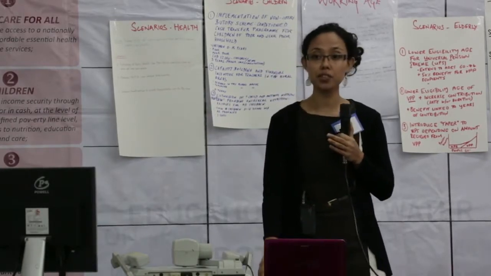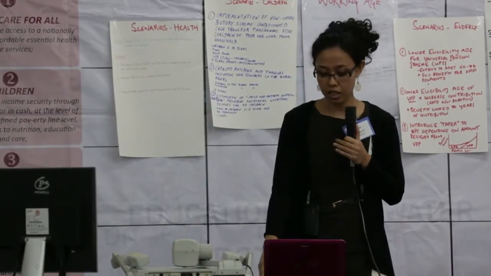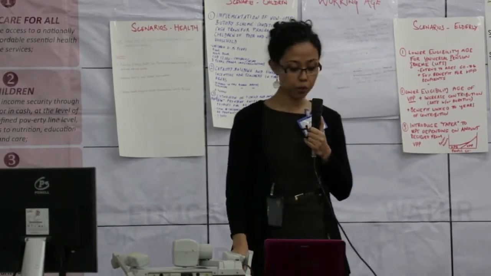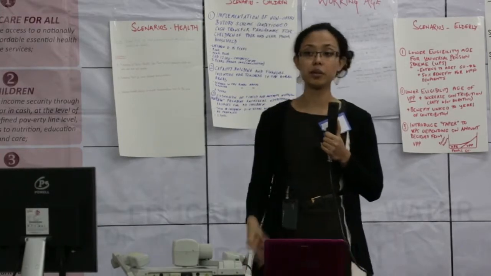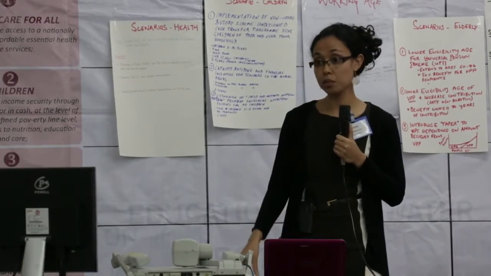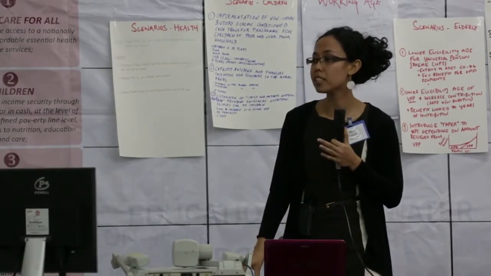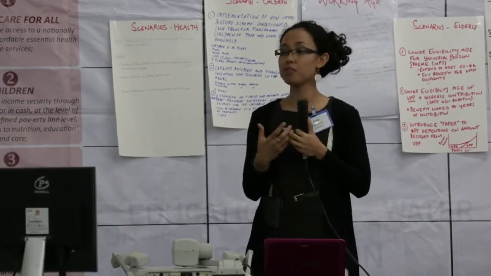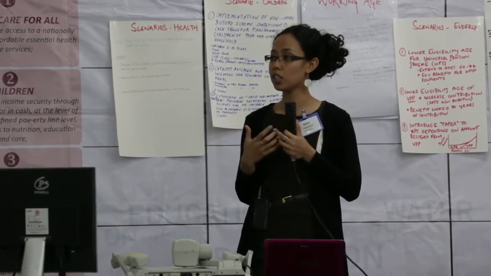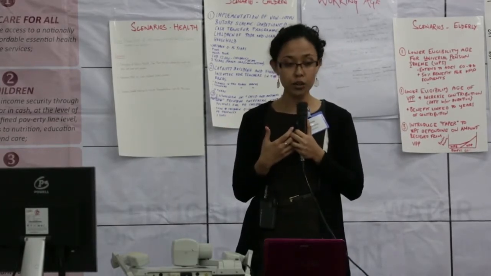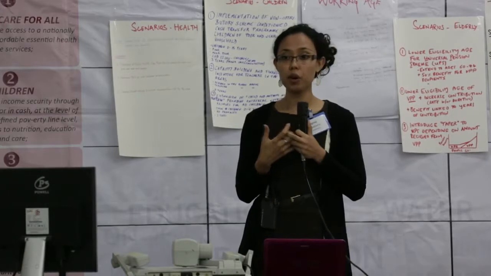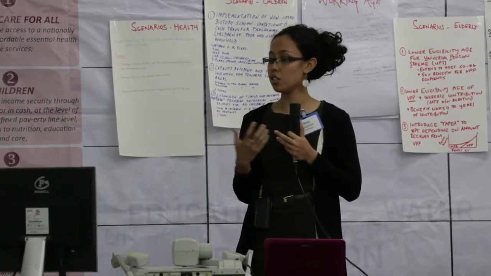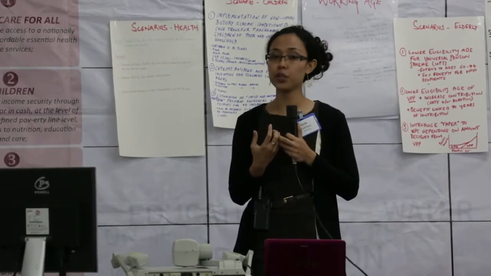But alternatively, if you don't have national projection data, there's also the ILO population projection that maybe Jean-Paul can explain further. But basically, you can make your own projection based on the assumptions provided by the ILO data. Or you have UN population, for instance, which also has population projection.